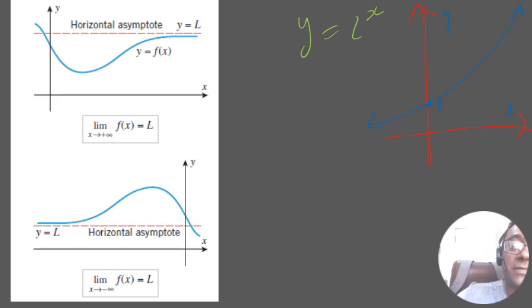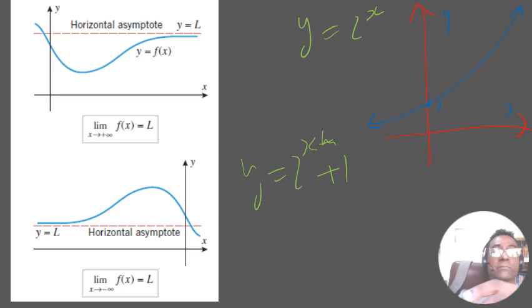So now let's think about a function like y equals 2 to the power x plus 1, right? So it's that blue curve that I've just drawn, but shifted 1 unit up.